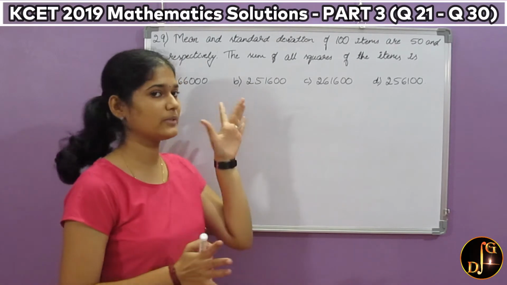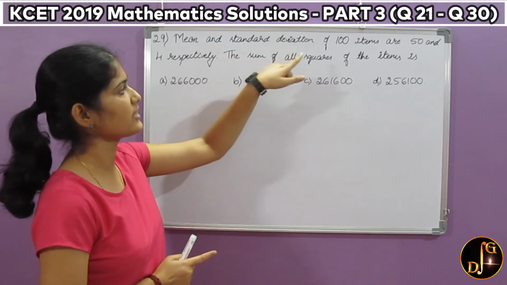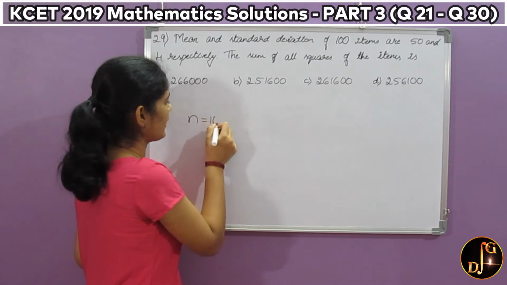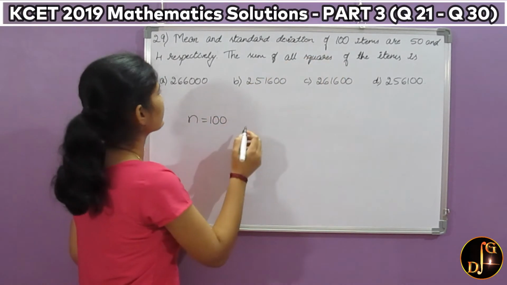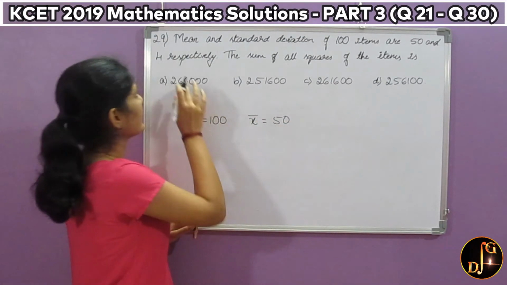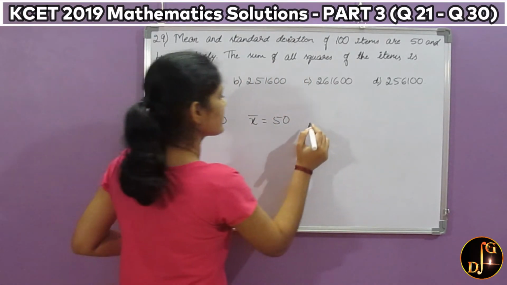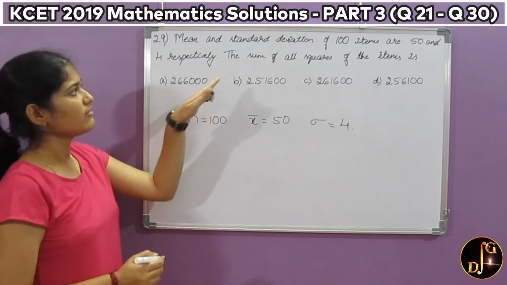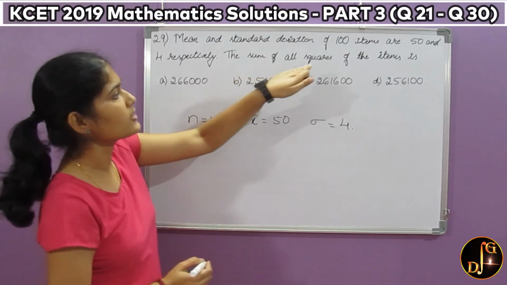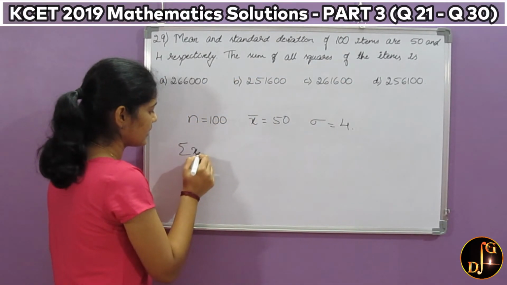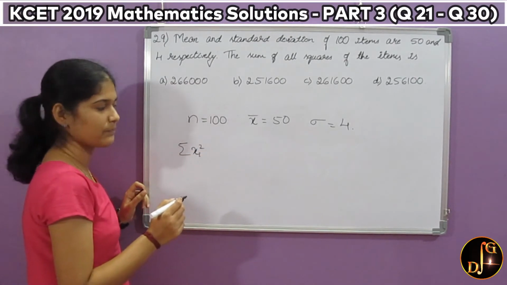In this problem they have given the mean and standard deviation of 100 items. That means n is equal to 100, and mean x bar is equal to 50, and standard deviation sigma is equal to 4. Then we have to find the sum of squares of all the items. That means we have to find summation xi whole square.